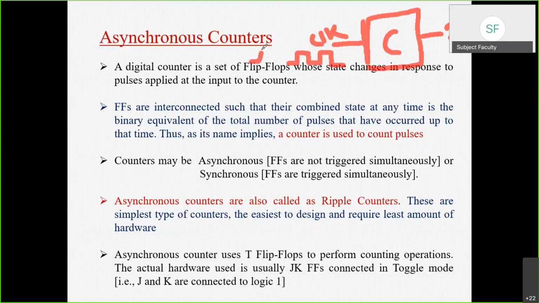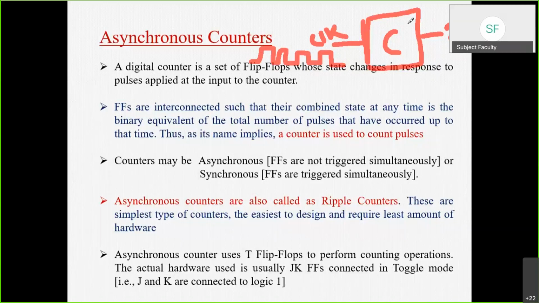If I apply more pulses, let's say 4 total pulses to the clock terminal, then the output of this counter should be 4. So the simple function of this counter circuit is to count the pulses which are applied as a clock signal.